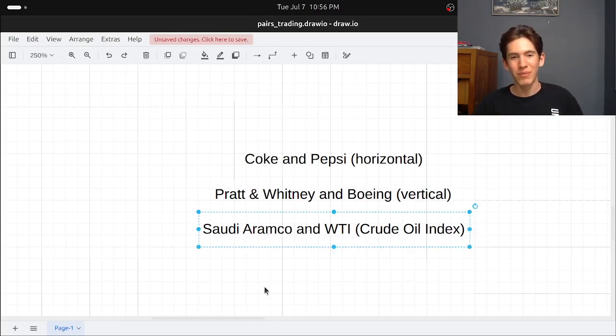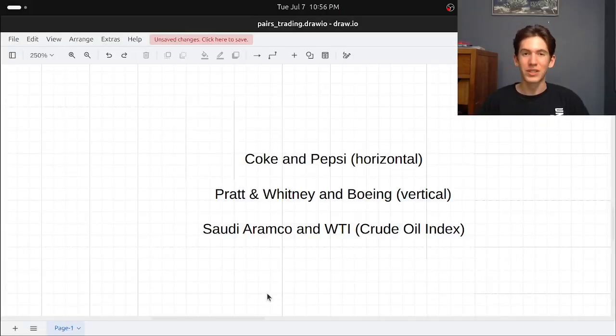So in this case, it is Saudi Aramco, which is the national Saudi oil company. If it's doing well, it's probably because the price of oil is nice and high. And so they're making a lot of money, which means the crude oil index probably also went up because all the other oil companies are making a lot of money. Or if demand goes up or supply goes down, whatever it is, right? If Saudi Aramco is doing well, the crude oil index tracking all the other oil companies is also going to go up.